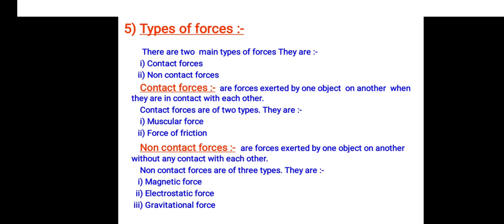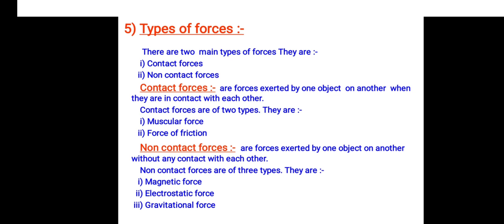Okay, what is contact force? A contact force is a force exerted by one object on another when they are in contact with each other. Contact forces are of two types.